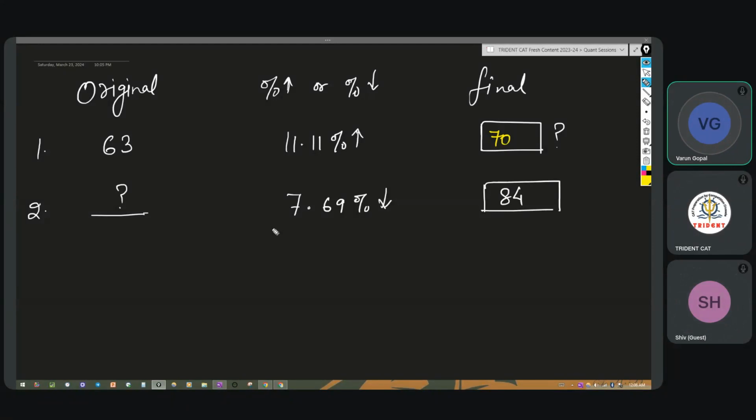77.5. No. Shiv. Sir, just a minute, sir. I'm doing it. Varun, are you adding? Do you see this is a decrement of 7.69? Yeah, decrease. So whatever that number would be, I'm multiplying by 12 by 13, is it not? That should be equal to 84. 12 sevens are 84.